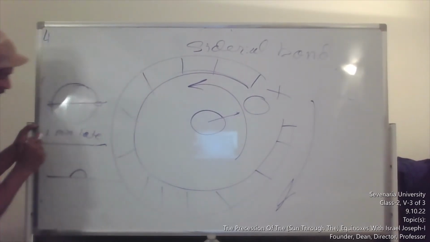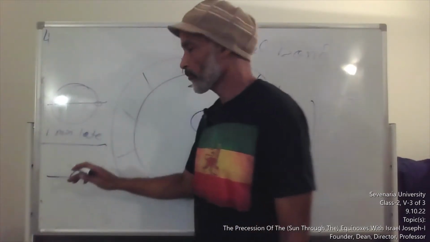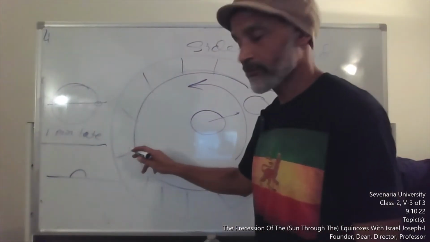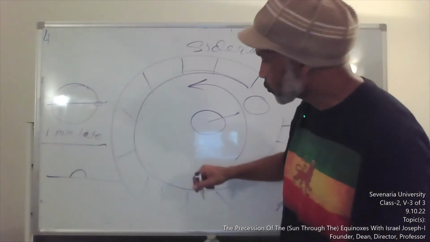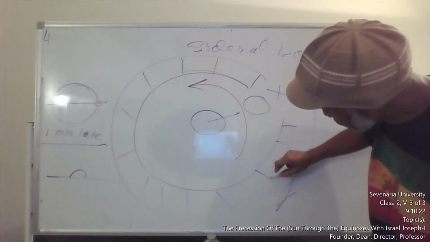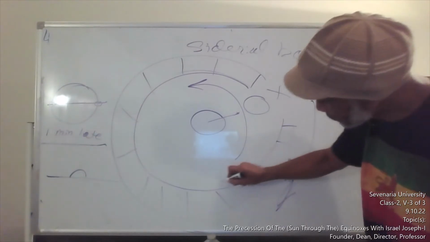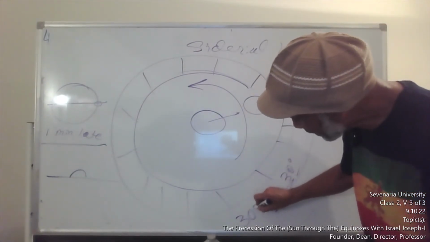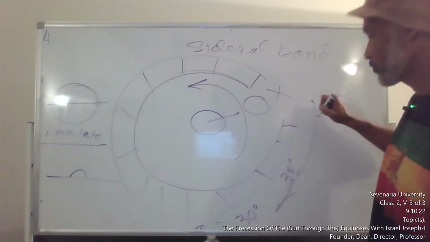And so this 1 minute late every year equals out after 72 years to 1 degree in these 30-degree bands. The sky is divided into 30 degrees. That's why it's 360 degrees in a circle.